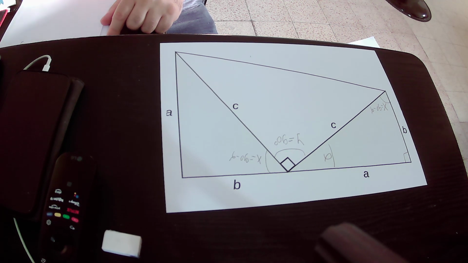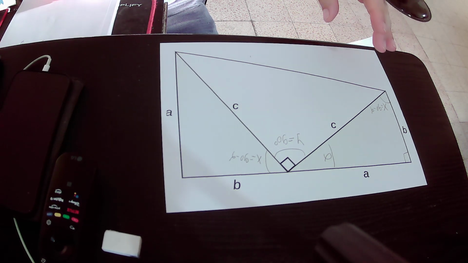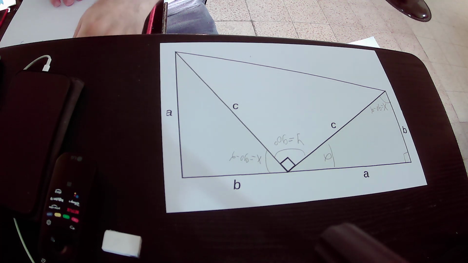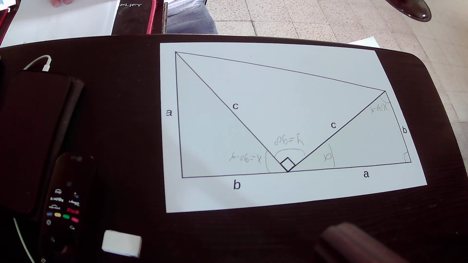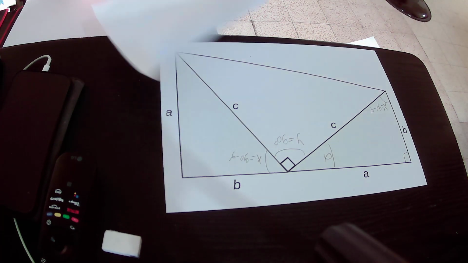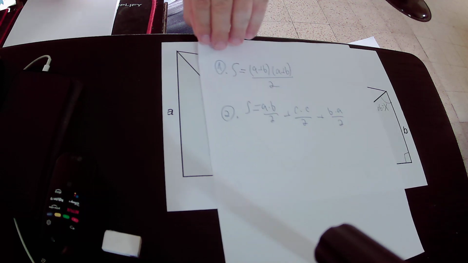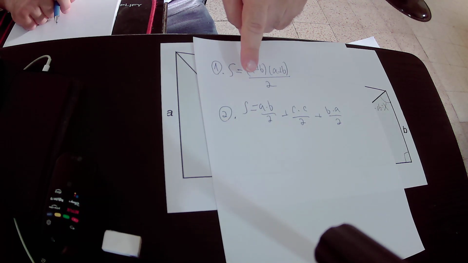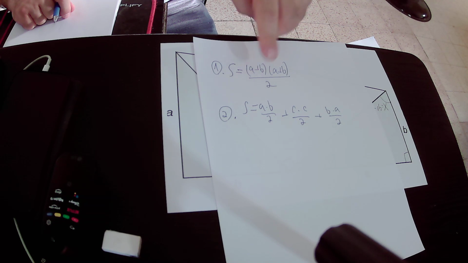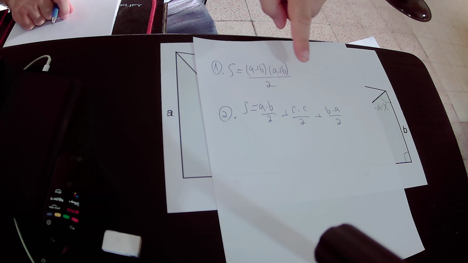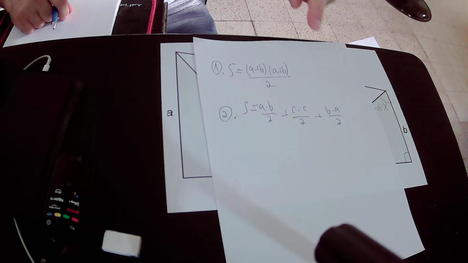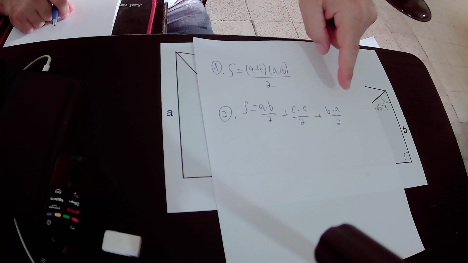So in total, the sum of the areas of the three triangles equals the area of this trapeze, and it is actually equal to the area of the first triangle, that is A times B divided by 2, plus the area of the middle triangle, that is C times C divided by 2, plus the area of the left triangle that equals also B times A divided by 2.